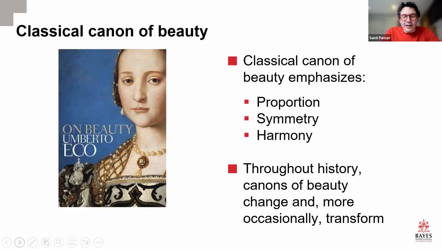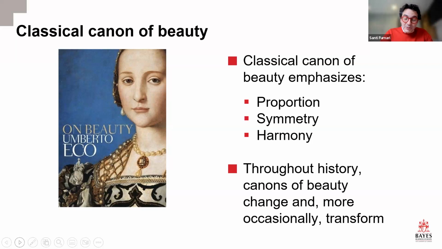Umberto Eco, as many of you know, is a semiologist. Unfortunately, he passed away a couple of years ago, and he studied quite deeply both beauty and ugliness. In this beautiful book, which is beautiful in its own right, I actually have it here just to show that I wish I had written it, but I have read it.